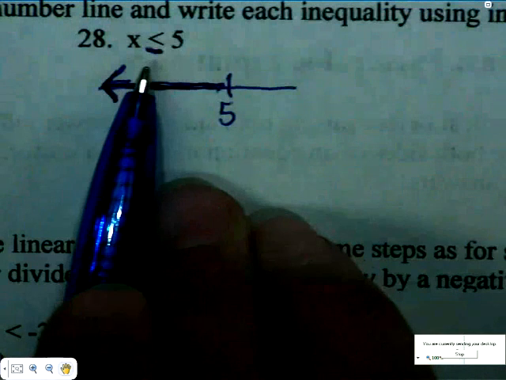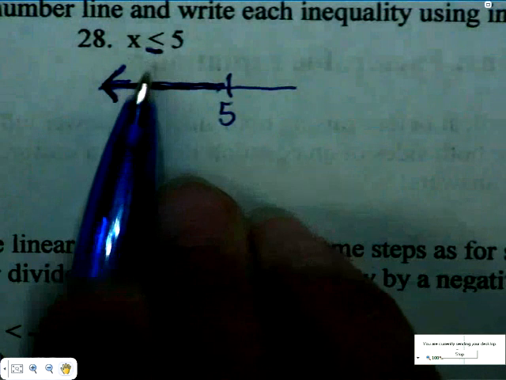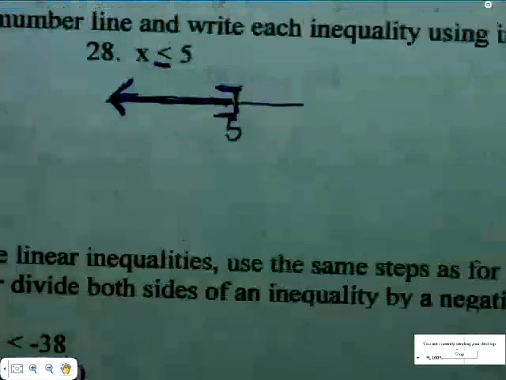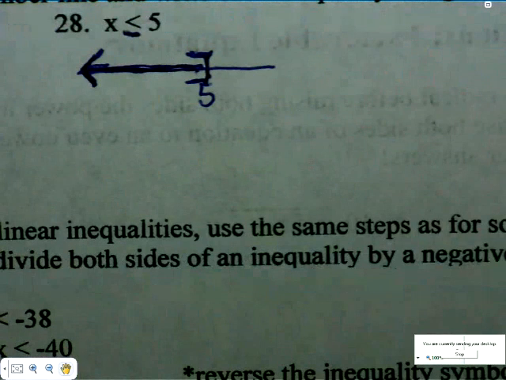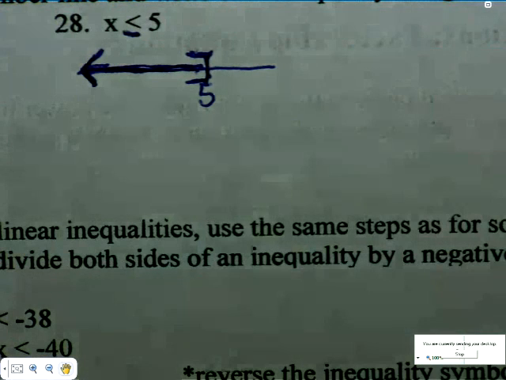How about the 5 itself? If your paper says less than or equal to 5, does that include the 5? Yes, and how do you show that? With brackets. Now, when we were looking at the chart a while ago, we said if you shade forever to the right, you're going to use the infinity symbol. Guess what you'll put for forever to the left?